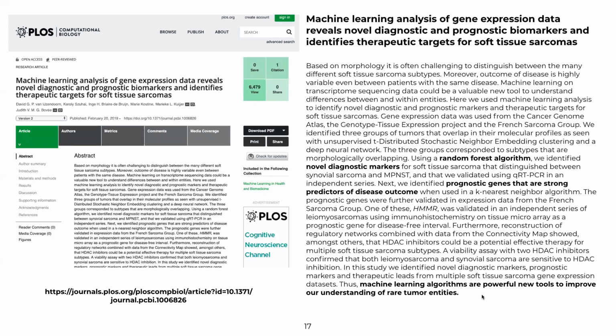And they actually try to do biological interpretation so that they understand, right? You can see reconstruction of regulatory networks. How is this actually working, the biology of this, as well as how predictive is the outcome, clinical disease outcome. Okay, so by looking at these different examples, we can learn about how to frame our own project so that we can make an impactful study analysis that will lead to some kind of exciting results.